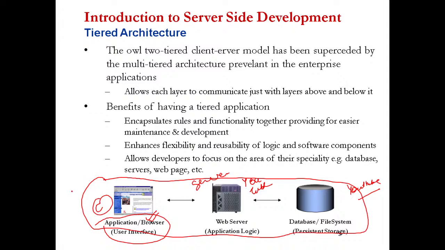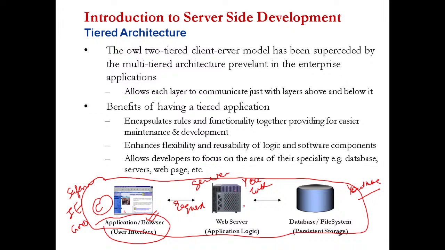It can be Safari, Internet Explorer, or Google Chrome; any browser is used as the user interface, and we can send a request to our server. This is a request sent by the client to the server.